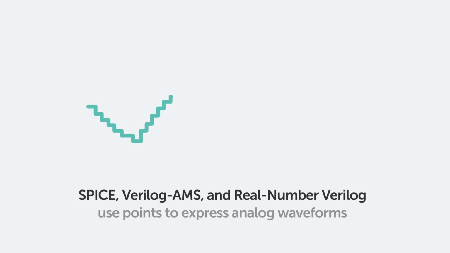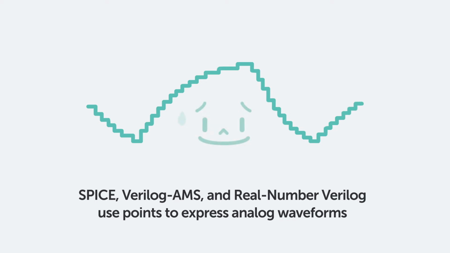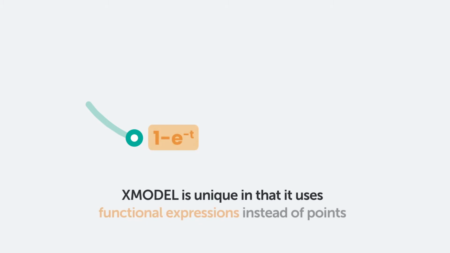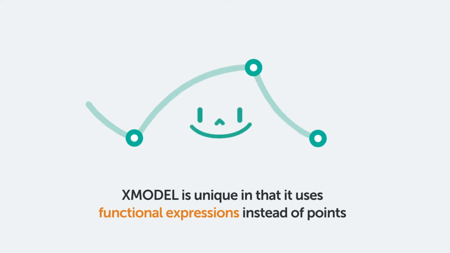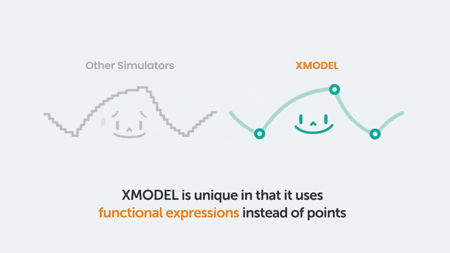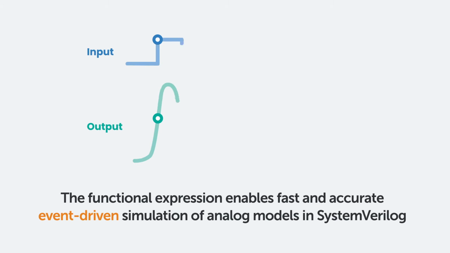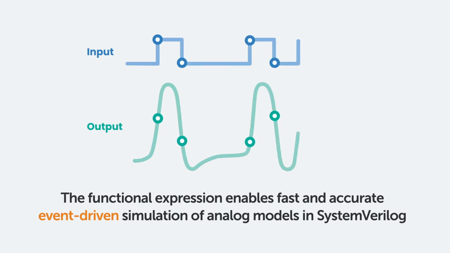Other simulators like SPICE, Verilog AMS, and Real Number Verilog all use points to express analog waveforms. XMODEL is different in that it uses functional expressions instead of points to describe the waveforms. This functional expression enables fast and accurate, event-driven simulation of analog models, all in SystemVerilog.